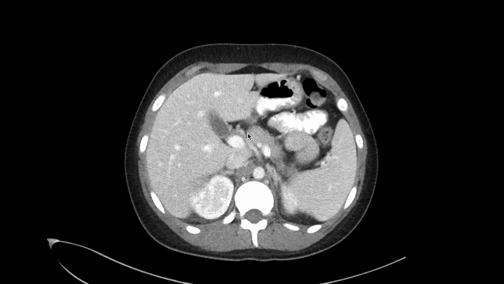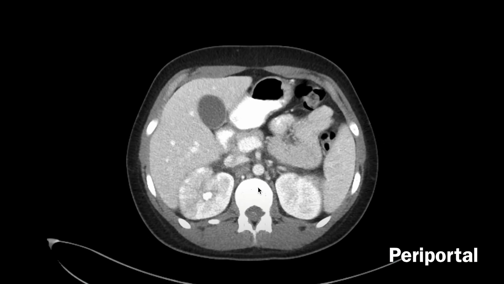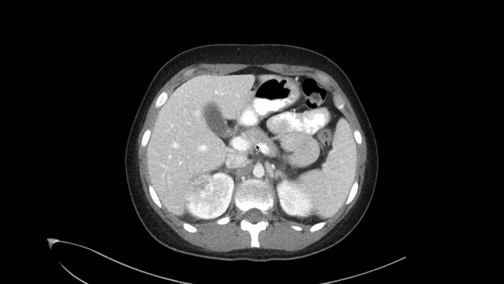Oftentimes people refer to nodes in the porta hepatis as either gastrohepatic nodes or, specifically, periportal nodes is a colloquial way to refer to them. The node between the portal vein and the IVC here is a so-called portocaval node, but again, it's all in the gastrohepatic ligament, so you could just refer to it as that.